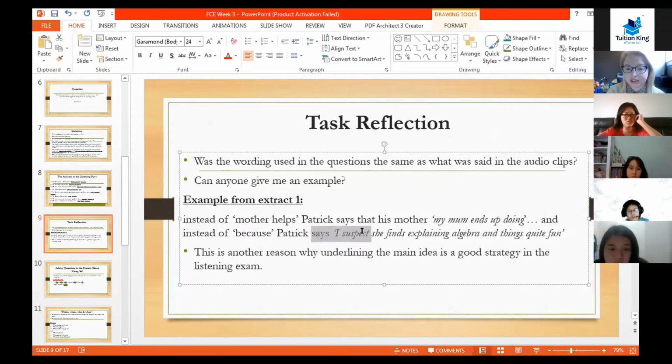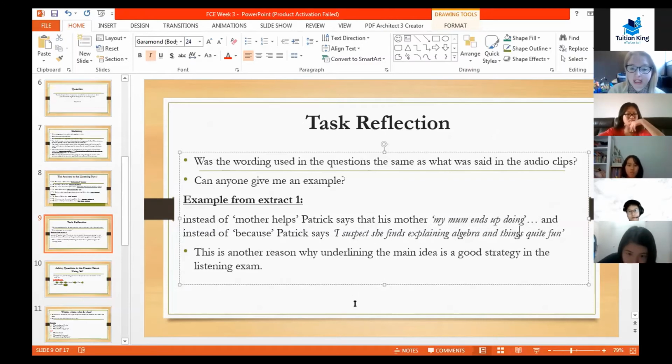Instead, he says, I suspect she finds explaining algebra and things quite fun. So this is where you can find the answer. And this is why practicing the listening is very important.